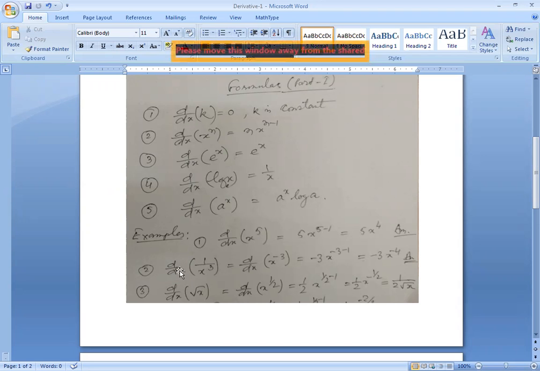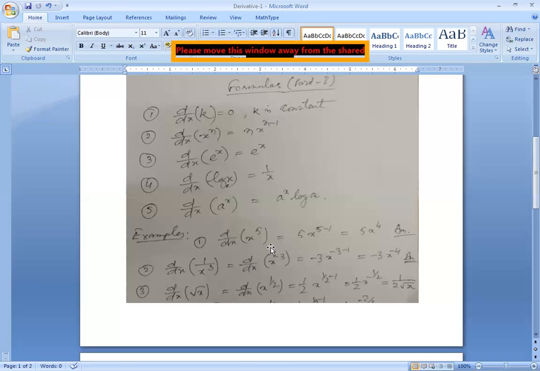Similarly, another example, d/dx of 1 by x to the power 3. Initially it is not exactly the same as formula number 2, but if we make a very minor adjustment, we can write 1 by x to the power 3 as x to the power minus 3. So d/dx of x to the power minus 3 is now exactly of the form of formula number 2.